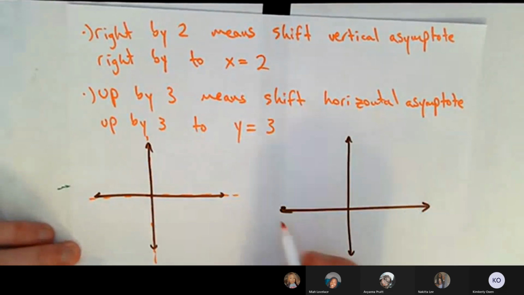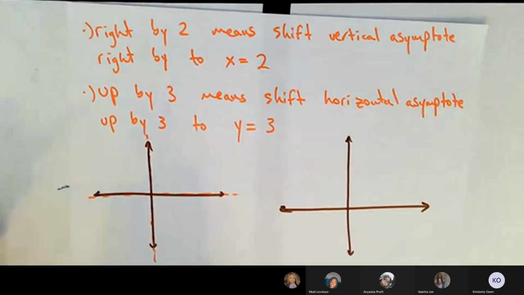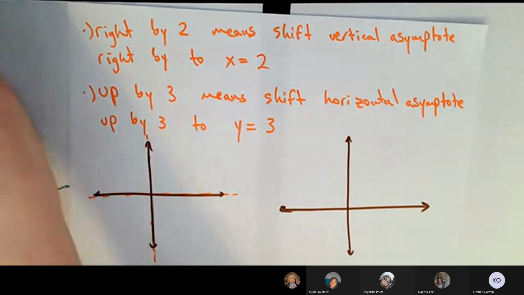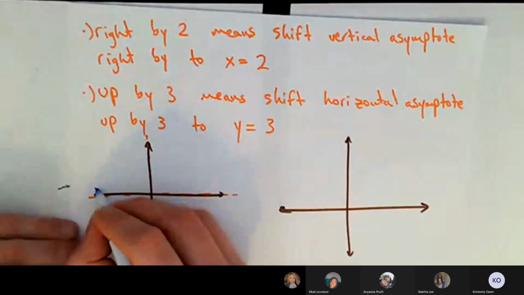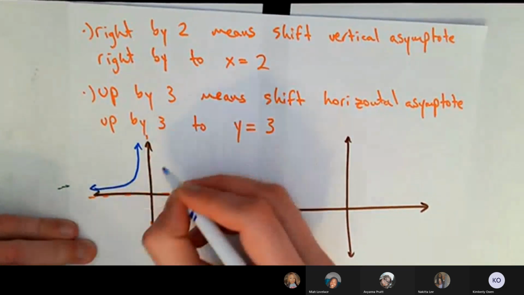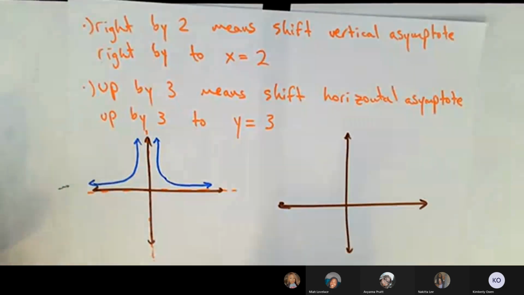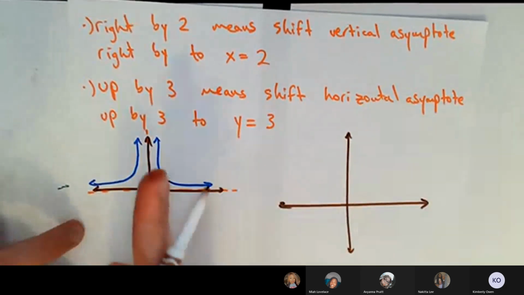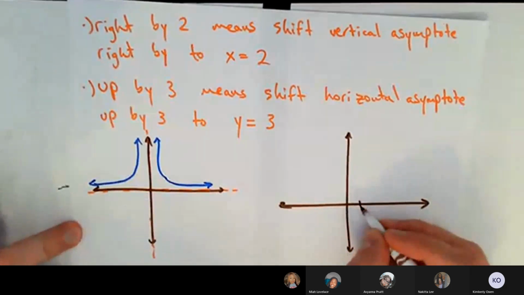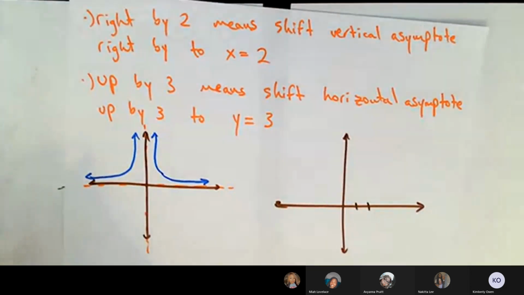It's kind of hard to see them because they're right on the axes. And the base graph was just like this. Okay, now I'm going to need to go right by 2 for this vertical asymptote. So that vertical asymptote is going to be there.